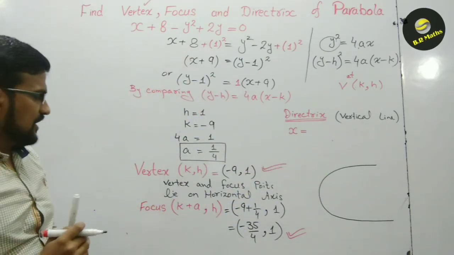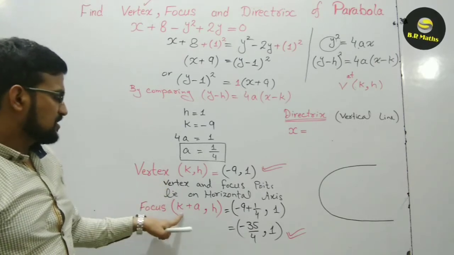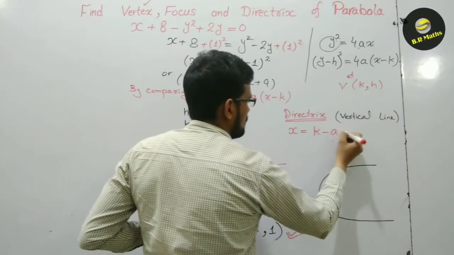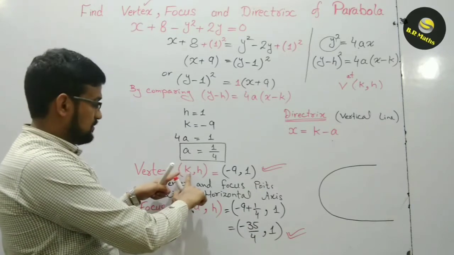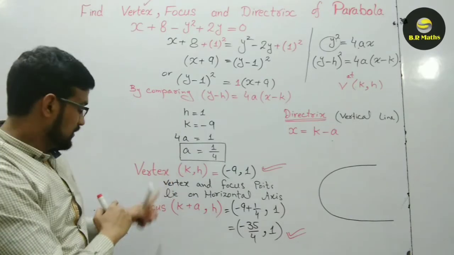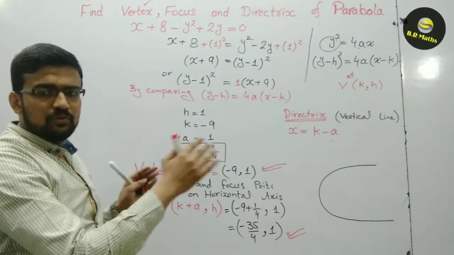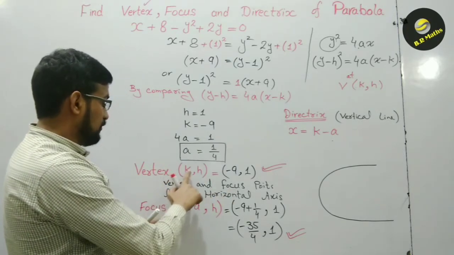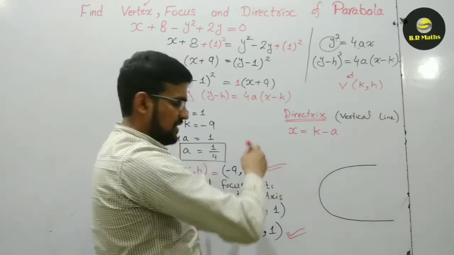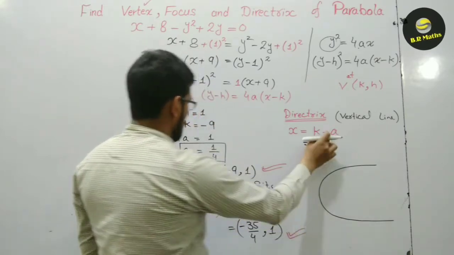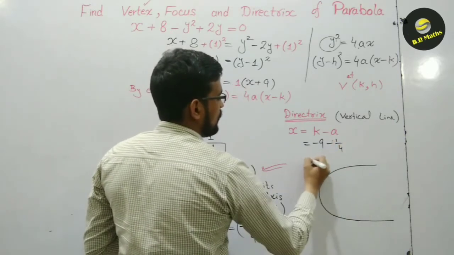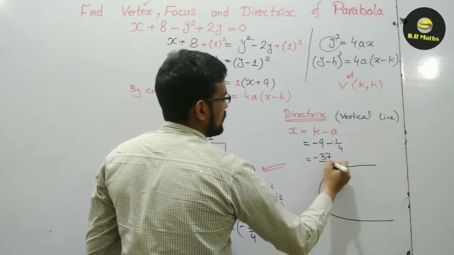The equation of the directrix is x = k - a, because from the vertex the distance to the focus and the distance to the directrix are the same but in opposite directions. The focus is k + a, then the directrix is k - a. Putting in k = -9 and a = 1/4, the result is -37/4.